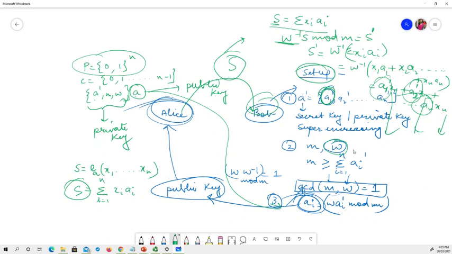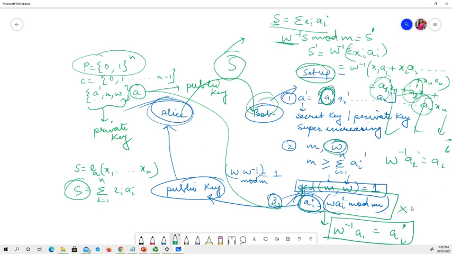If you recall, we had discussed that ai equals w into a prime modulus m, which means if I multiply it with w inverse, we get w inverse ai equals a prime.